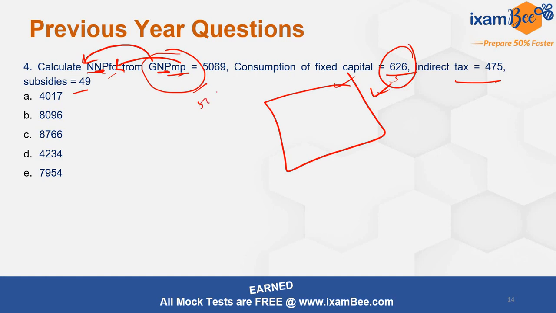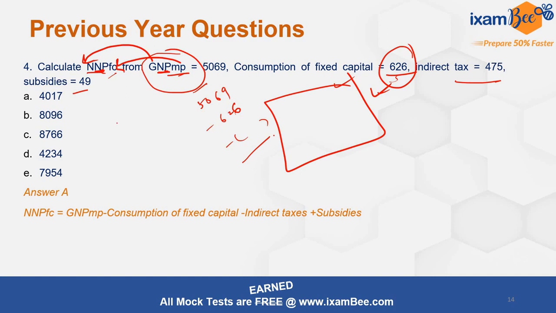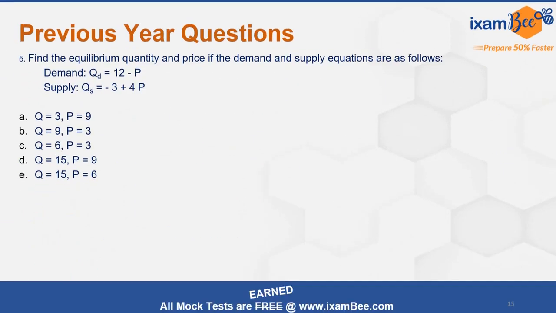When you solve this, you have 5069 minus 626, and this difference 475 minus 49, that also you deduct. So the right answer that you will get here is 4017. All right. You can either write it as minus net indirect taxes or minus indirect taxes plus subsidies, means the same thing.